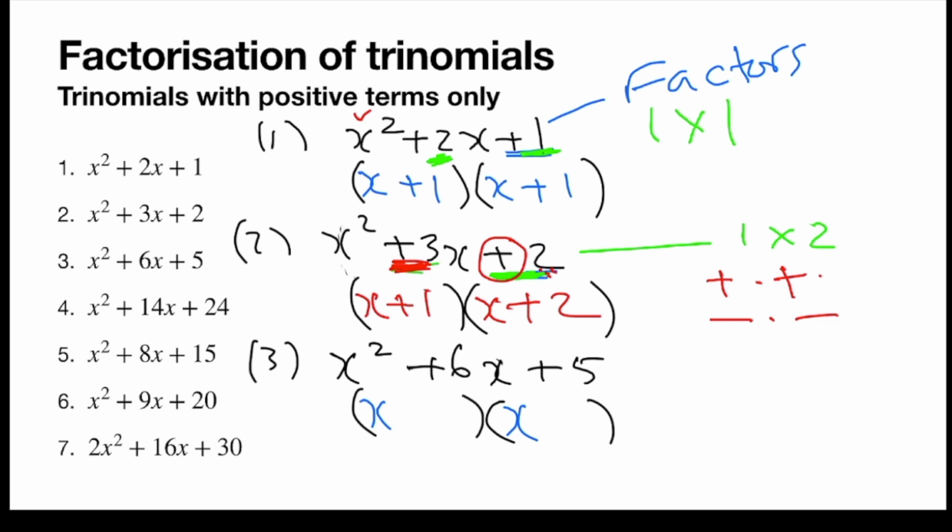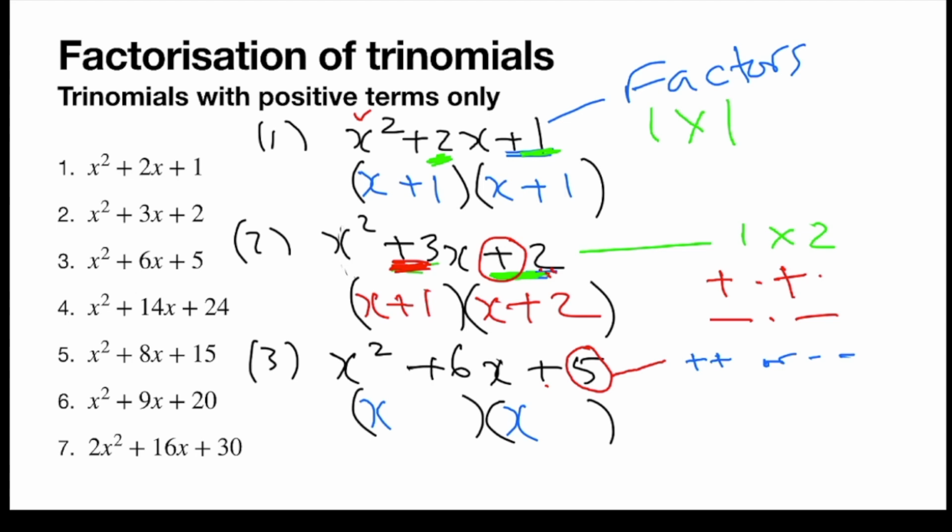Then we go to that number 5. We are looking for factors of this number 5. First of all, 5 is positive, so the two numbers that we are looking for should either be both positive or both negative, because when you multiply them by each other, they should give us a plus 5.